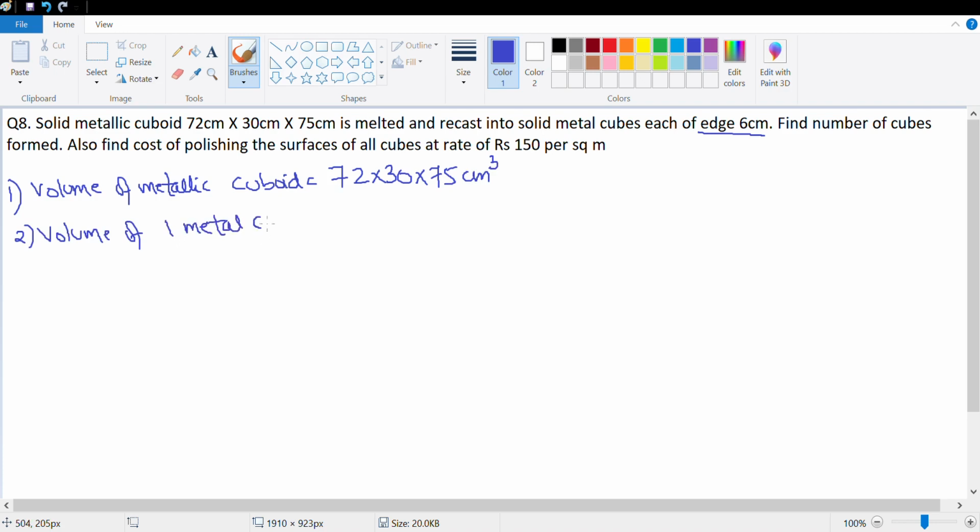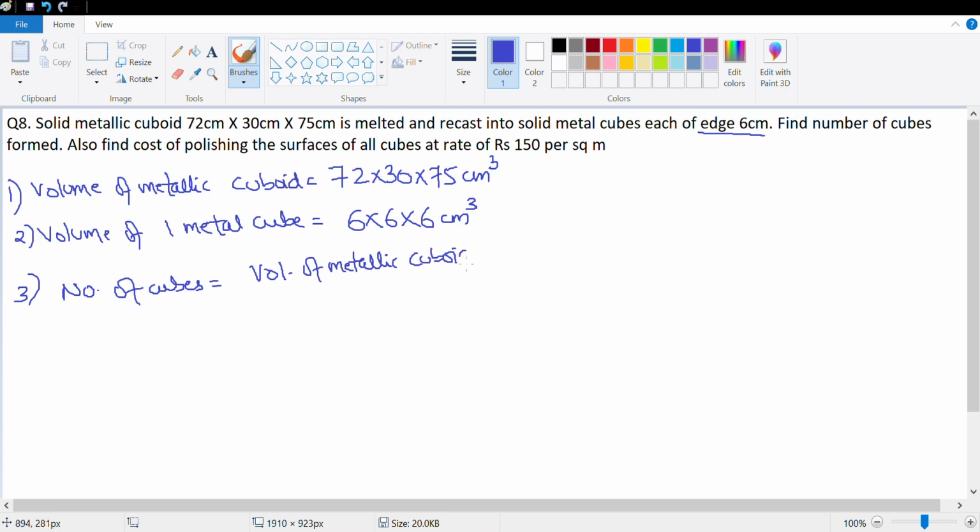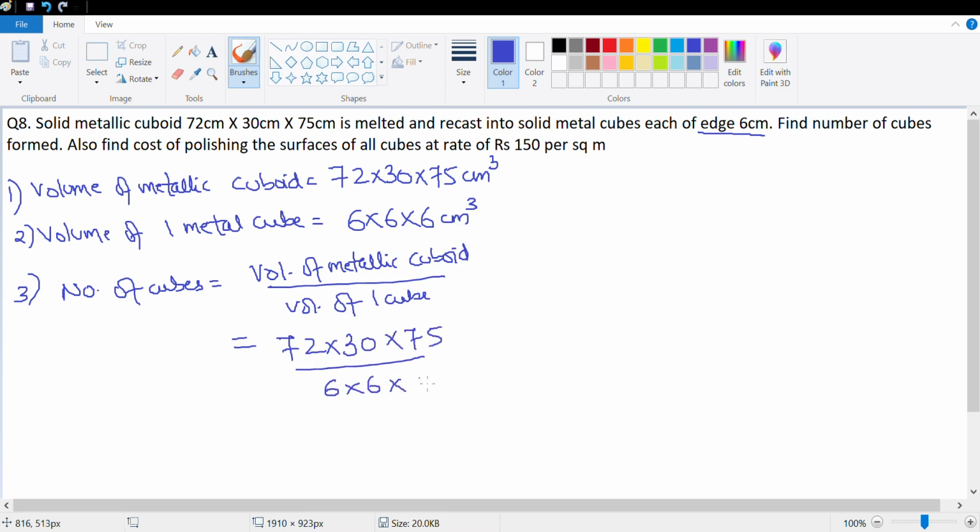Each metal cube is of edge 6 centimeter, which means this will be 6 into 6 into 6 centimeter cube. So how many pieces would fit in, which is the number of cubes, would be equal to the volume of the metallic cuboid upon the volume of one cube. In this case, 72 into 30 into 75 divided by 6 into 6 into 6.